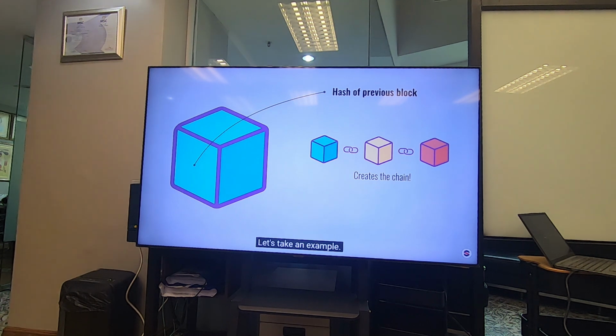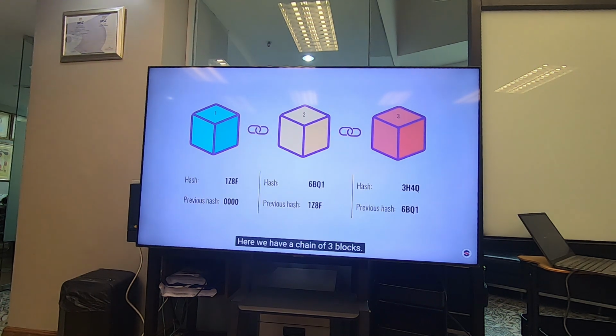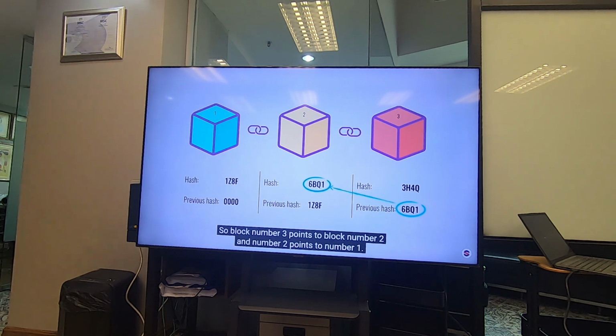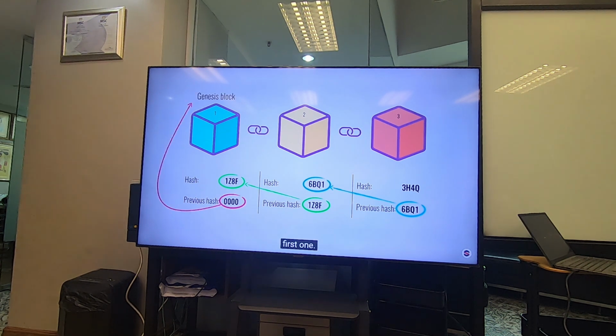Let's take an example. Here we have a chain of 3 blocks. As you can see, each block has a hash and the hash of the previous block. So block number 3 points to block number 2, and number 2 points to number 1. Now the first block is a bit special. It cannot point to a previous block because, well, it's the first one.